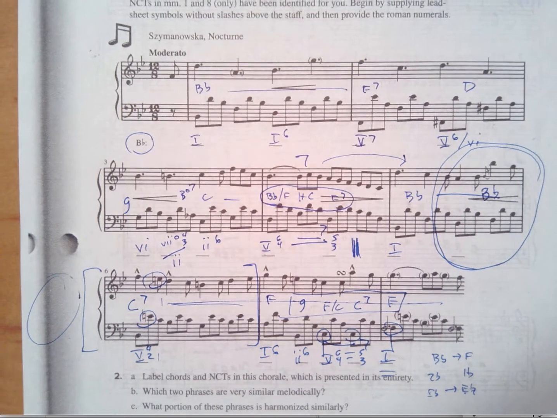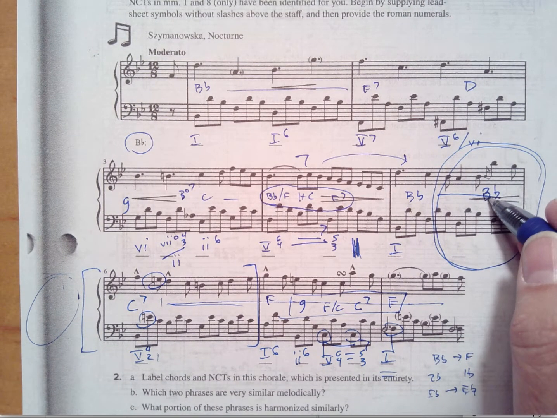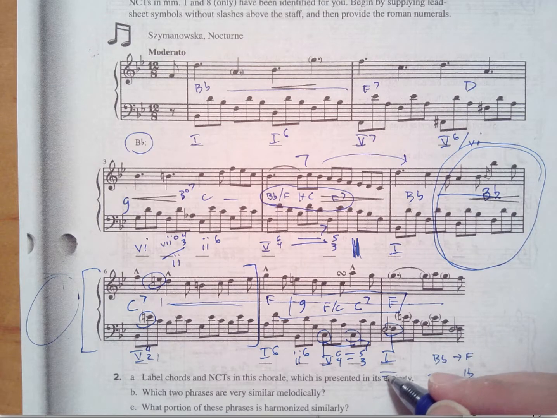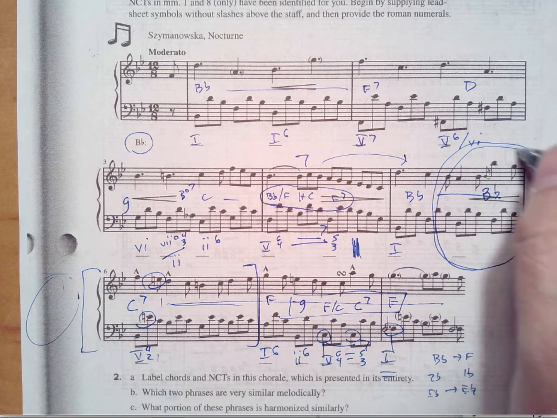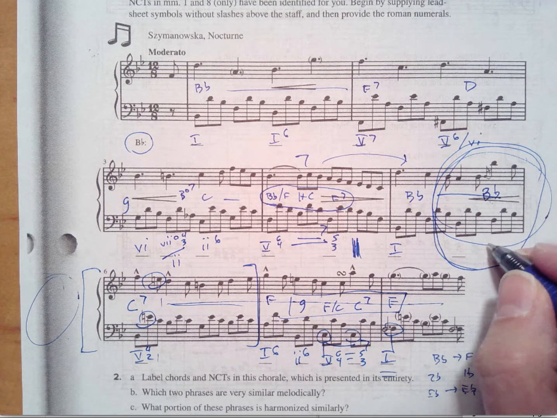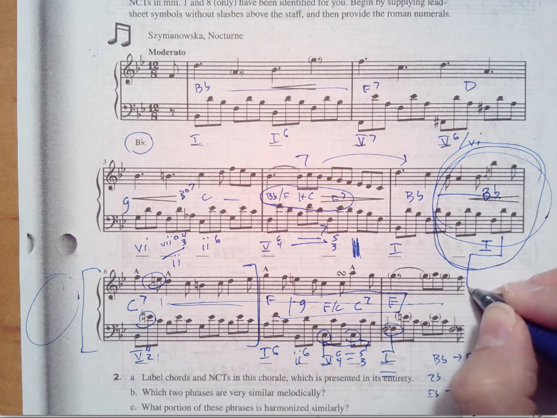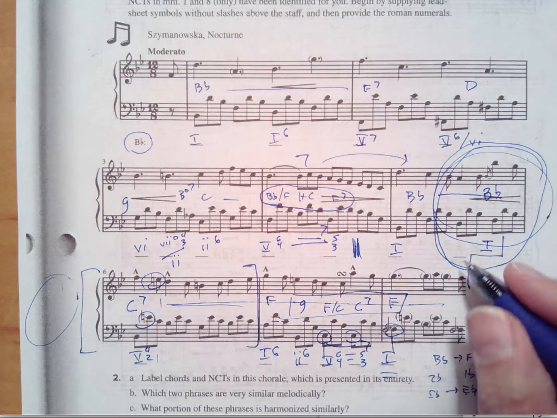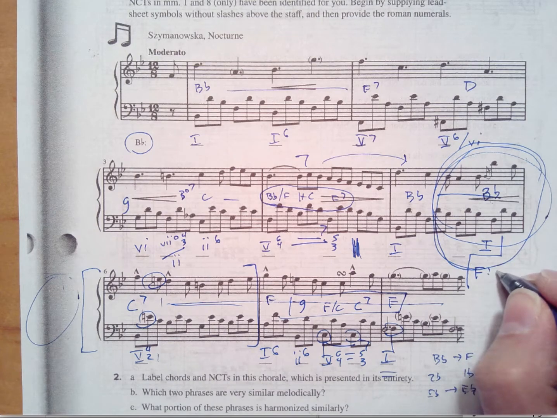Of course it does. Does B flat exist in the key of F? It does. It's the 4 chord. So this right here is our common chord. This B flat chord is both 1 in the key of B flat, where we come from, and it's 4 in the key of F.